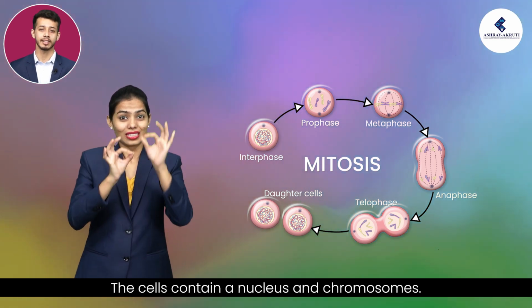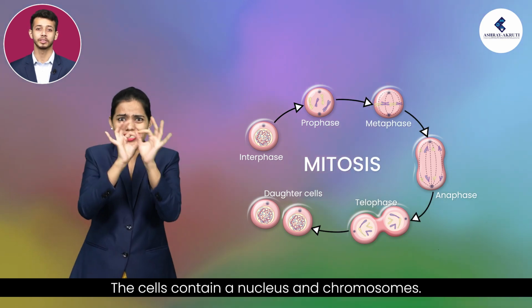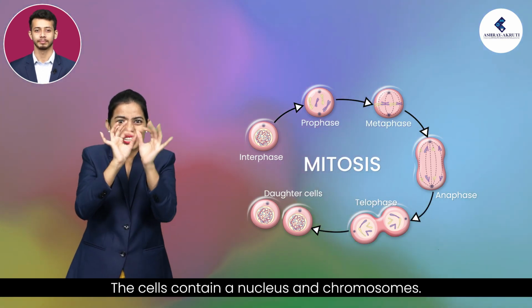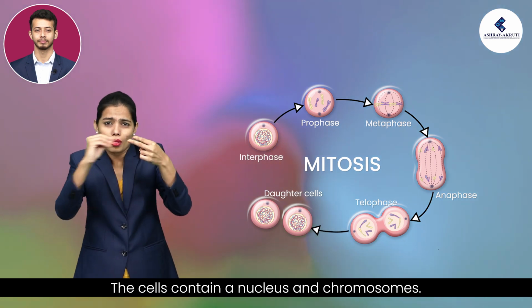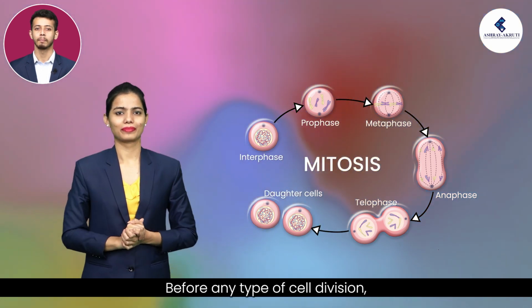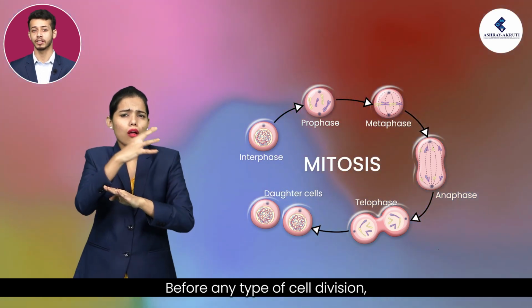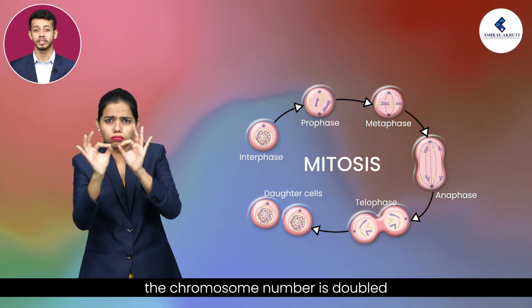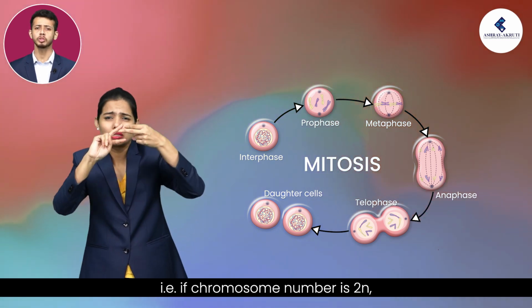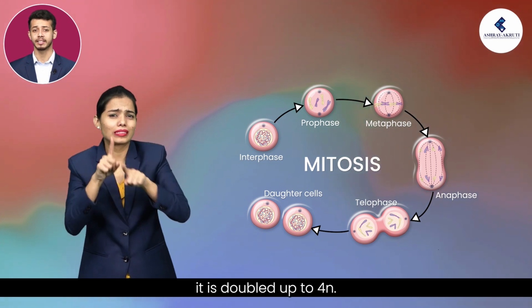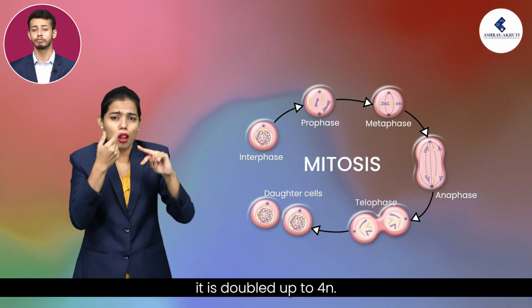These cells contain a nucleus and chromosomes. Before any type of cell division, the chromosome number is doubled. That is, if the chromosome number is 2n, it is doubled up to 4n.